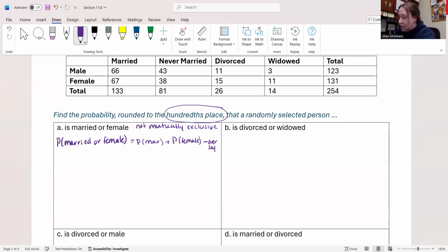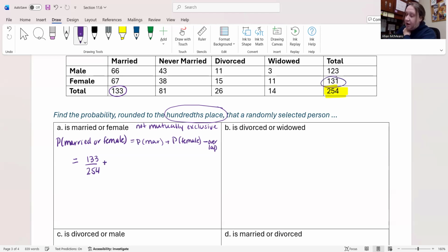Let's see. What is the probability from this table that somebody is married? Well, the total for the married column is 133 million. So the probability of somebody being married is 133 million out of, remember, our grand total here is 254 million. We want to find the probability that somebody is female.